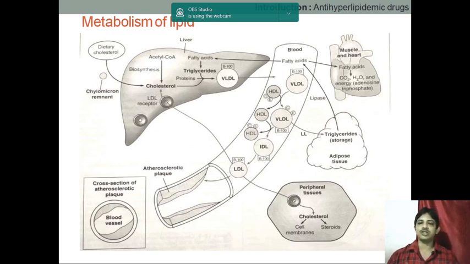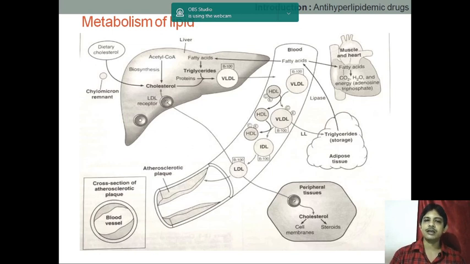In this process, LDL binds to the specific LDL receptor located in the plasma membrane of the cell and recognizes the apoprotein B100 on the surface of the LDL molecule.